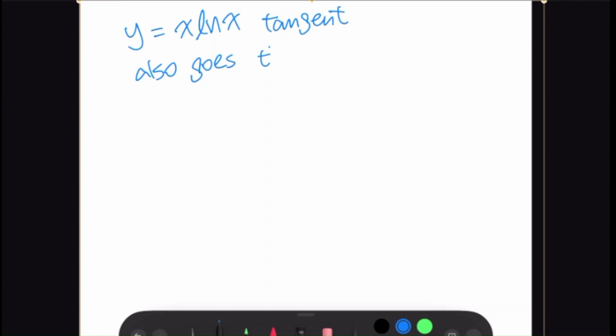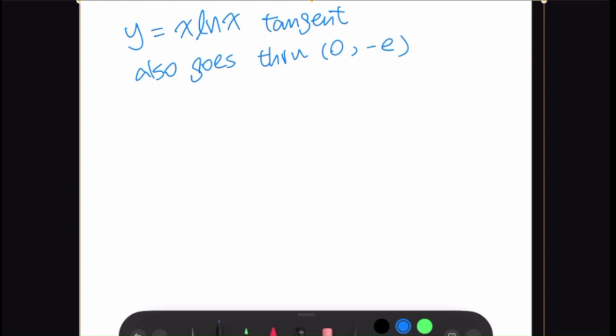Last question. So I'm just going to rewrite the basic question info. y equals x ln x, and the tangent also goes through the point (0, -e).